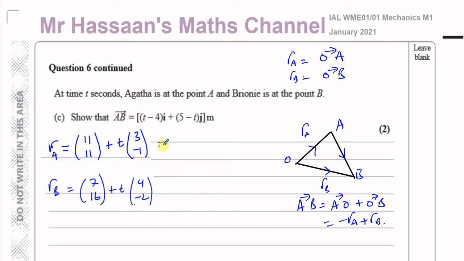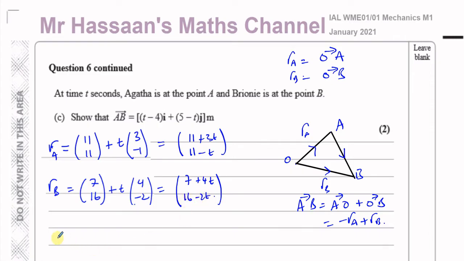So what I'm going to do first is express these as single vectors in I and j components. So you have 11 plus 3t, and 11 minus t. And for this vector, it's going to be 7 plus 4t, and 16 minus 2t.